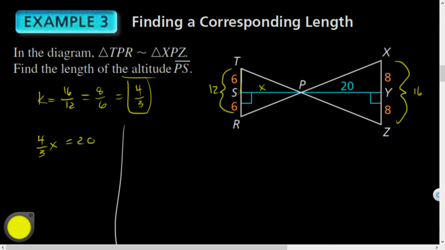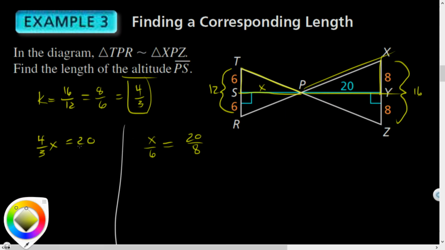I suspect that this right triangle is going to be similar to this right triangle. And I could have said x is to 6 as 20 is to 8. That's another way I could have set it up. Right? Long leg to short leg should equal long leg to short leg. And actually, there's all sorts of ways you could set this up to solve it.